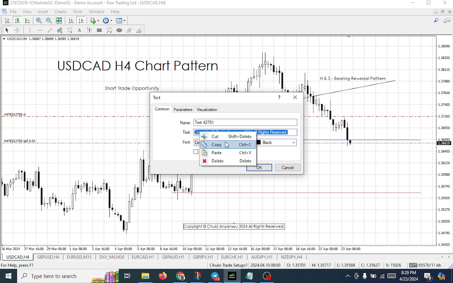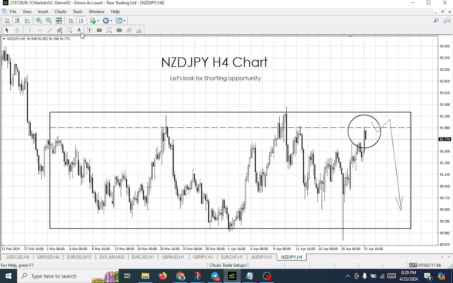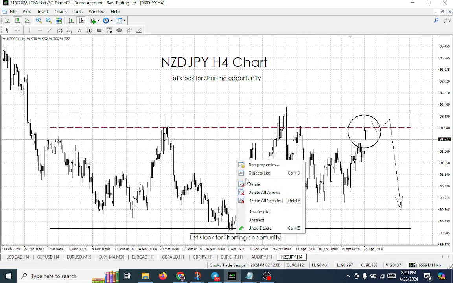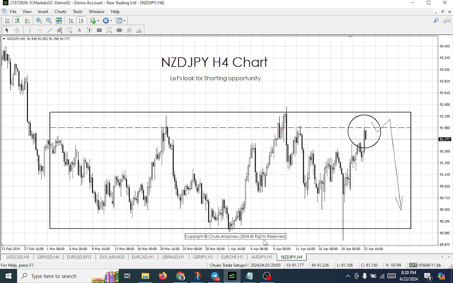Copy this, come back here. I can duplicate this, guys. I duplicate this, I bring it here. I paste this right in here, reduce it to 8 pixels.